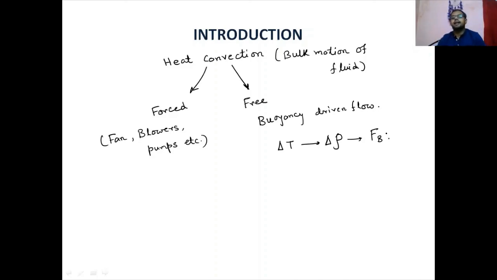That is what happens in convection. In detail, we'll talk about it later when we take up convection, one by one, slowly.